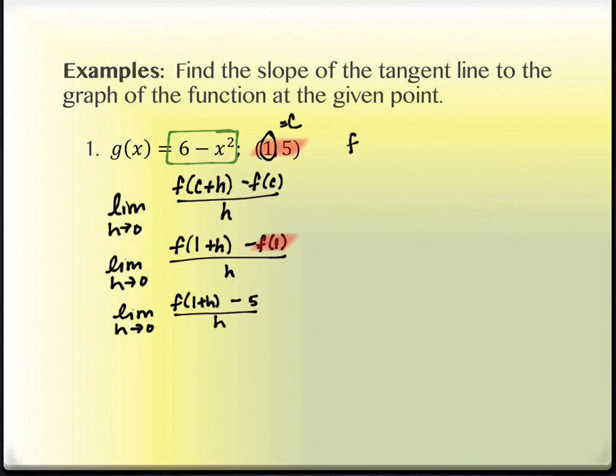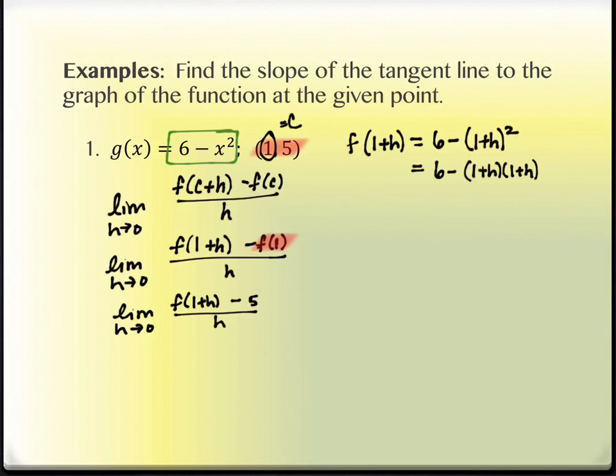So if I want to find f of 1 plus h, which is what I'm looking for, I need to put 1 plus h in for the x. So this would be 6 minus (1 plus h) squared. And I have to do a little bit of algebra, distribute, FOIL, multiply that out, and find out what I have. So remember, (1 plus h) squared means (1 plus h) times (1 plus h).